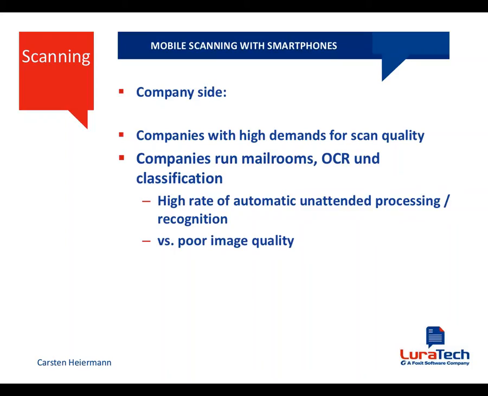We as humans can read those documents perfectly and can say, this is an application, this is an ID, this is form X, form Y. But the OCR and the classification engines can't if the quality is just not good enough.